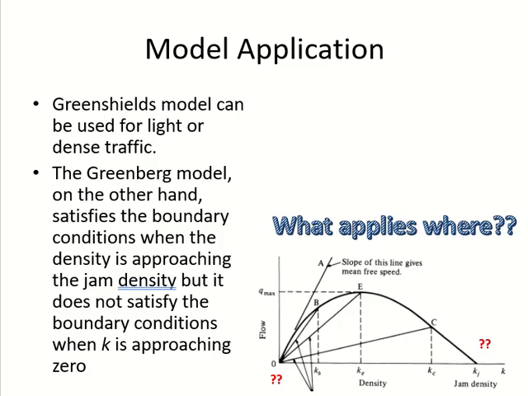The other model, the non-linear model, works very well here, near the jam density. So one is for the left-hand side of the curve, and the other one is for the right-hand side. The Greenshields model, the linear one, is for normal traffic conditions. And the Greenberg model, the non-linear one, the one which has the natural log, the second one, is for the right-hand side. Clear?